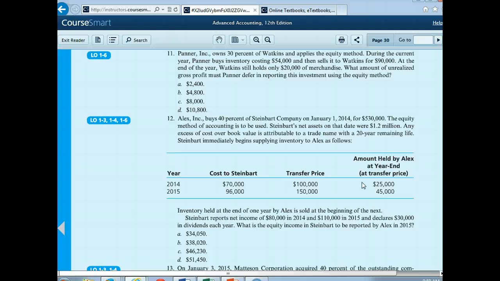It got sold. So we're going to have to then claim that as income in 2015. See what I'm saying? And then in 2015, this 45,000 times our gross profit rate of 36% times our ownership of 40% is going to be deferred. Okay?